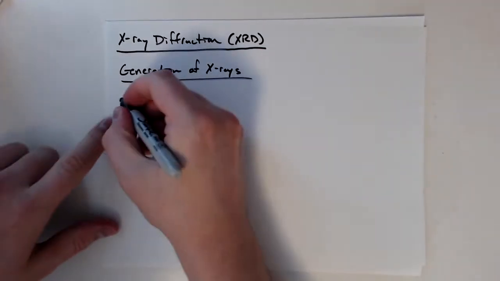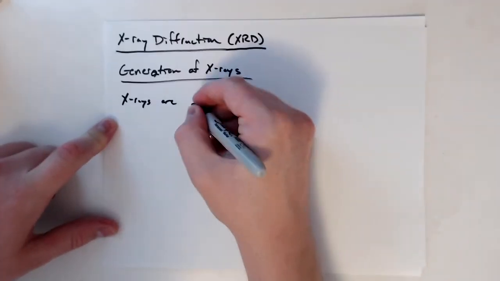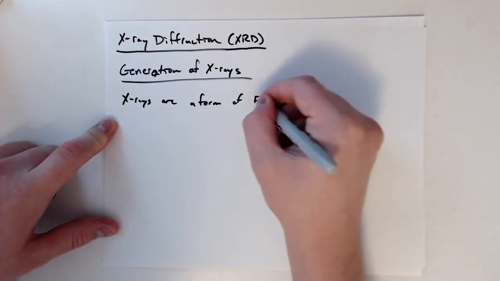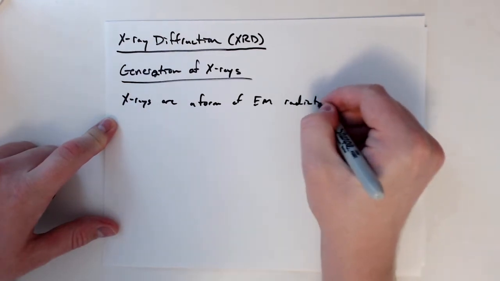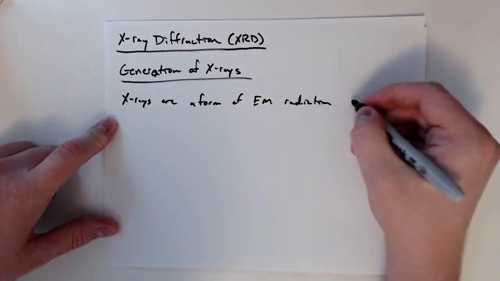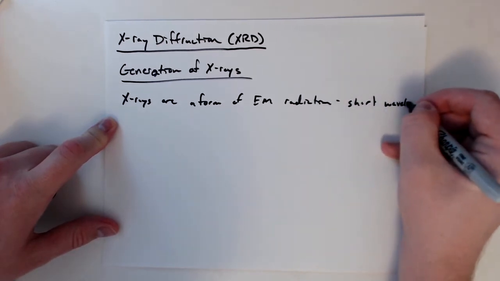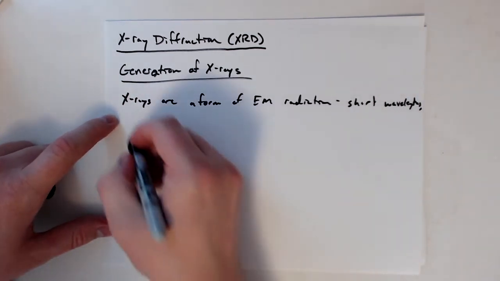All right, so first of all, X-rays are a form of EM radiation. So that's electromagnetic radiation. They have short wavelengths, but high energy.